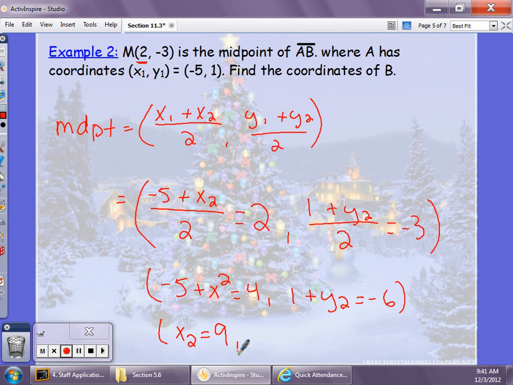And if we subtract 1, we're going to get that the y2 value is negative 7. So now we know that for the midpoint 2, negative 3, where A has coordinates of negative 5, 1, B must have coordinates at 9, negative 7.